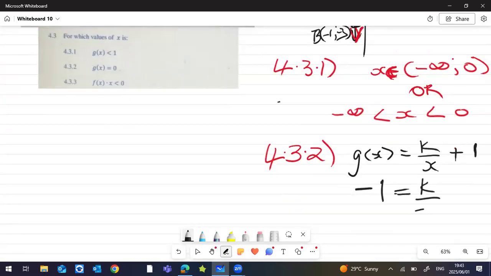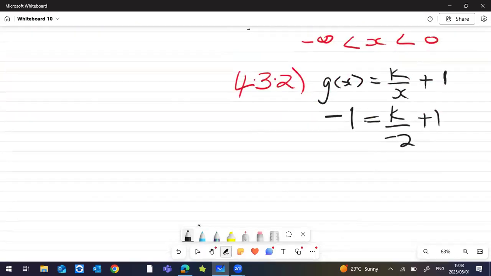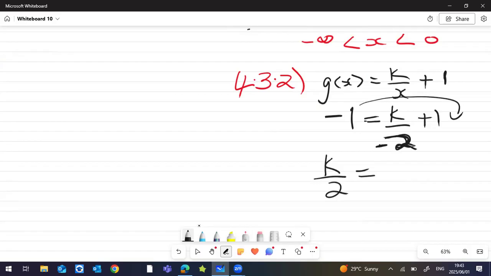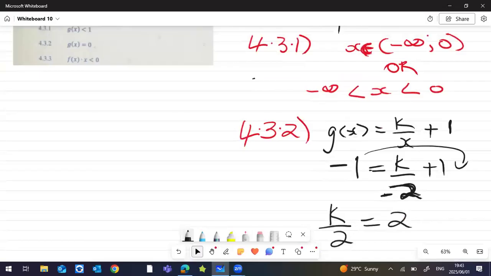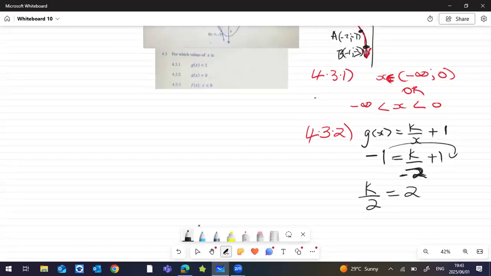Your x value there is -2. So -1 equals k over -2 plus 1. If I take this 1 to the left-hand side, it will join that -1, then it will be 1 plus 1, which is 2. Now, we have 2 equals k over -2, so the minus will be positive and it will be k over 2.